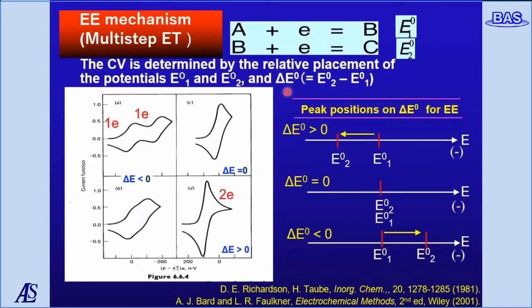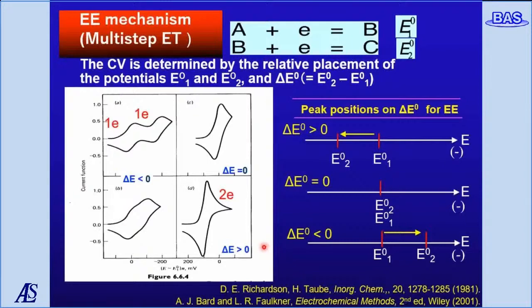When delta E is positive, the second reduction occurs much more easily than the first one, and we observe a single wave indistinguishable from a Nernstian two-electron transfer. Since simultaneous two-electron transfer is unlikely, the reaction occurs in two steps, with the second electron transfer following immediately after the first.